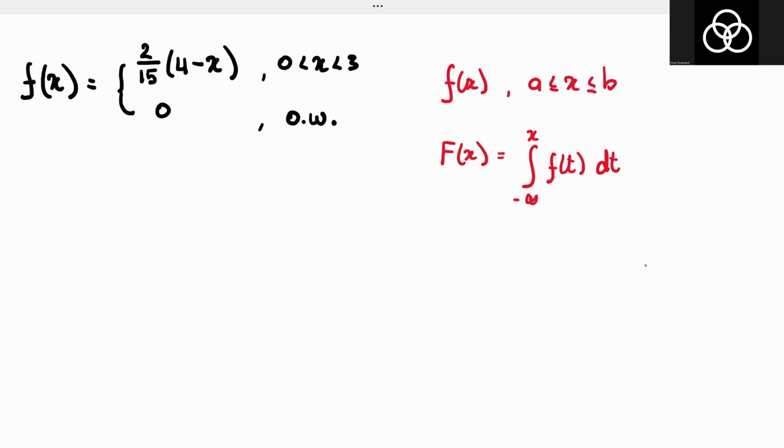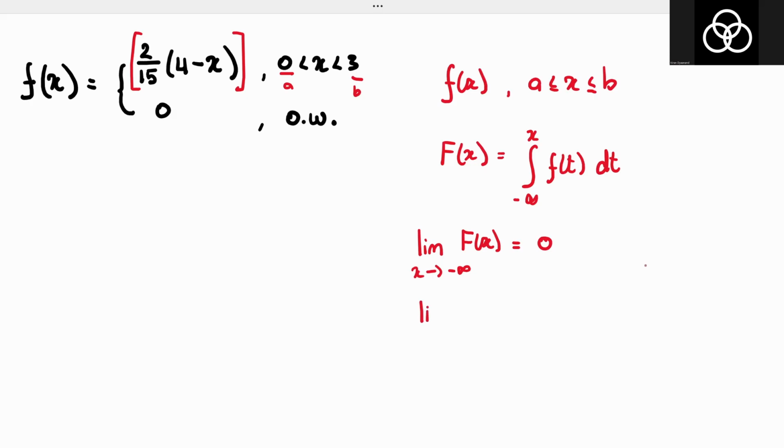So when we integrate the function on this range a to b, in this example, a is 0, b is 3, right? So when we integrate on this range, we are integrating this piece of the function here. But what we need to remember is two important properties. If we take the limit as x approaches minus infinity of F of x, we get 0.